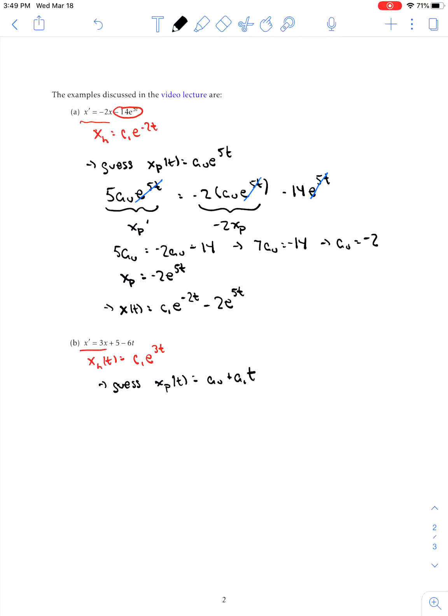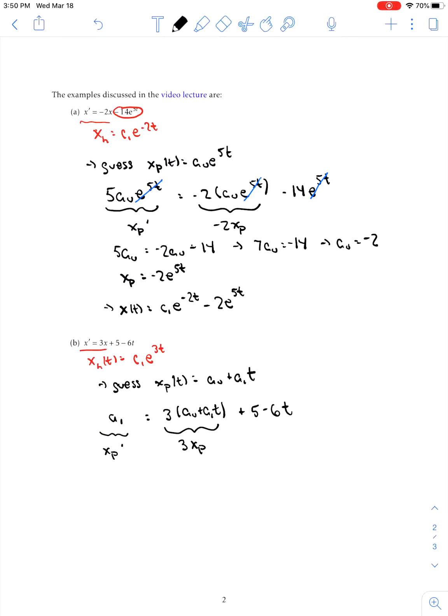Okay, so we do the same thing. We plug it into the ODE and let the ODE tell us what it's going to do. So the derivative of this is just going to be a1. And so that's going to equal to 3 times our guess. And then we have the forcing plus 5 minus 6t. Okay, the next step is I'm going to group everything together.